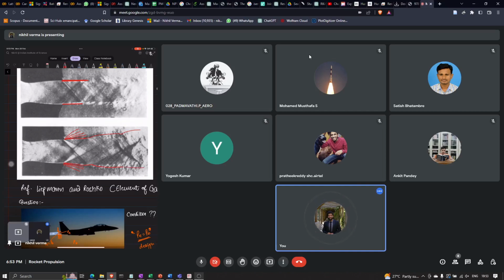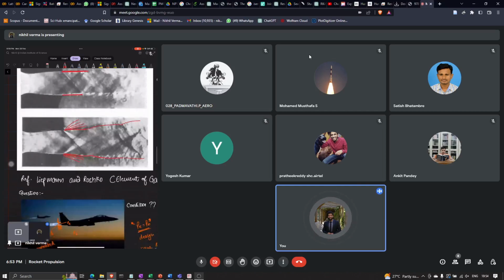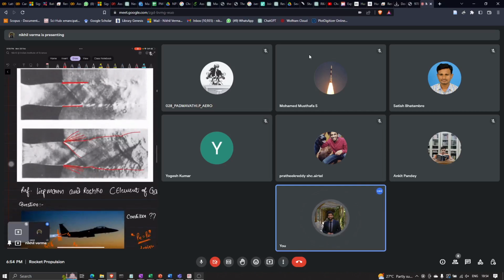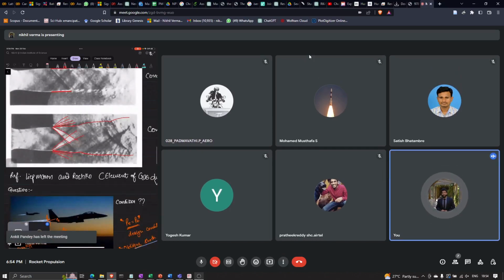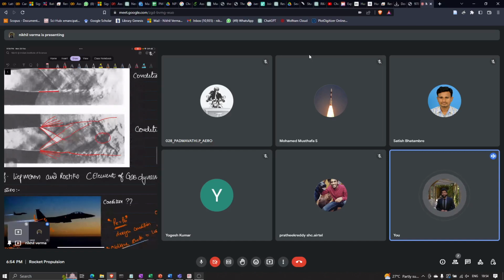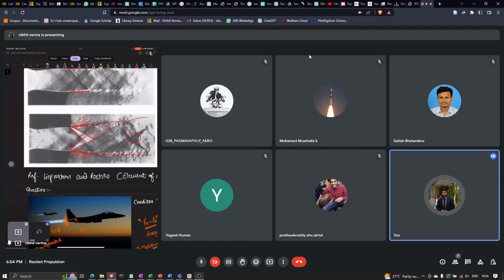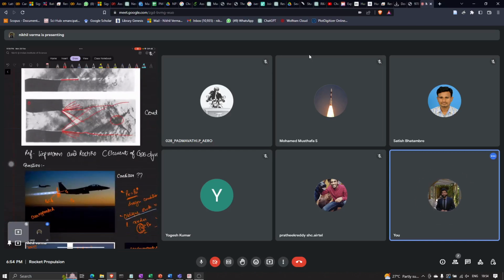I hope this part Professor Ramamurthy has taken up. These are the images which I wanted to show. These are the expansion fan, and again you see the shock structure at this point, right?